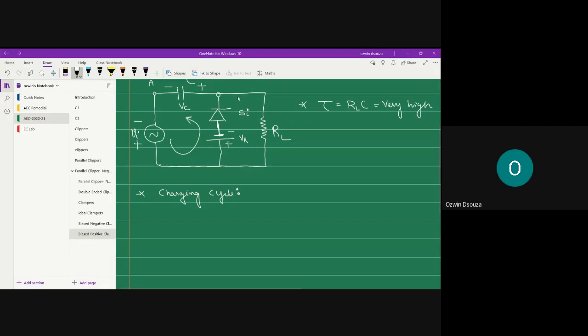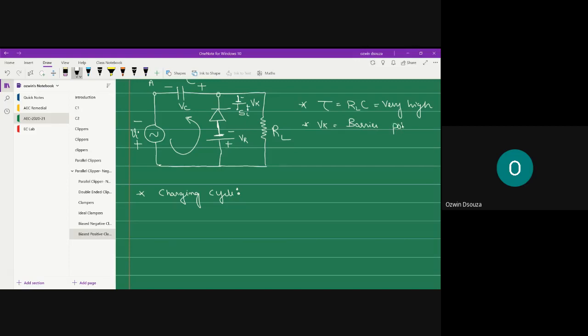The barrier potential of the diode is going to be something like this. On the upper side, you will have a negative terminal, and on the lower side, you will have a positive terminal. This is Vk. So, Vk represents the barrier potential.